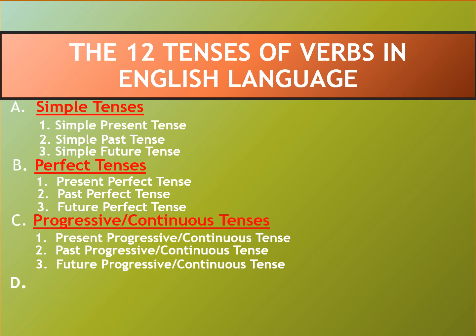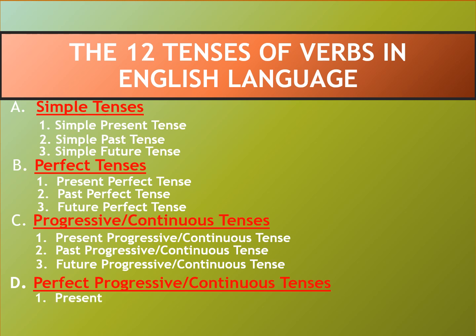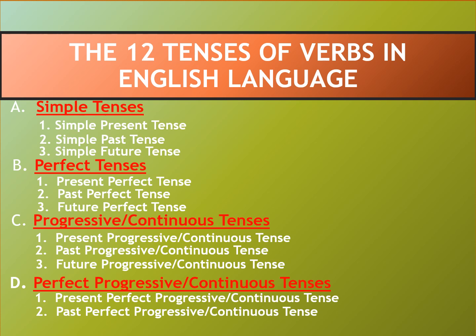The last group is the perfect progressive continuous tense, which included the first one, the present perfect progressive continuous tense, followed by the past perfect progressive continuous tense, and lastly, the future perfect progressive continuous tense.